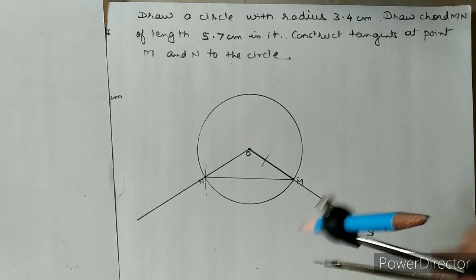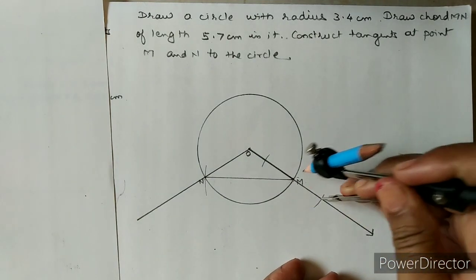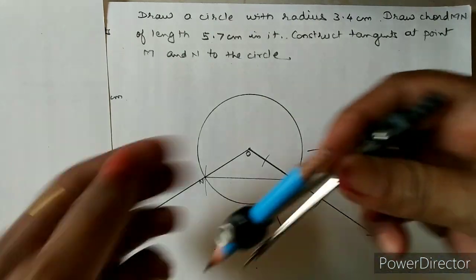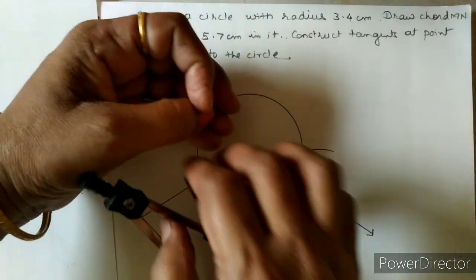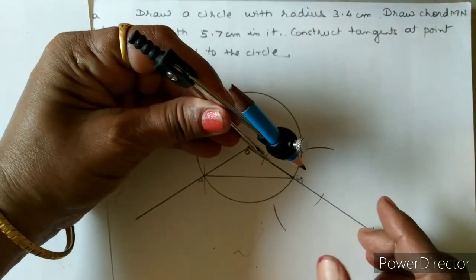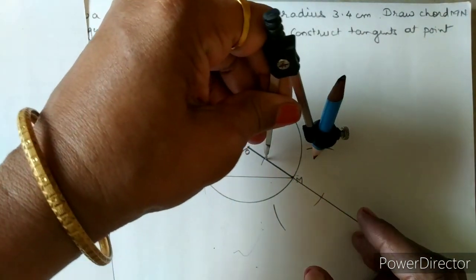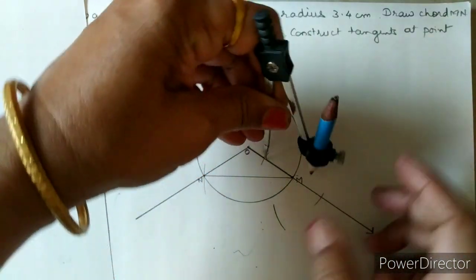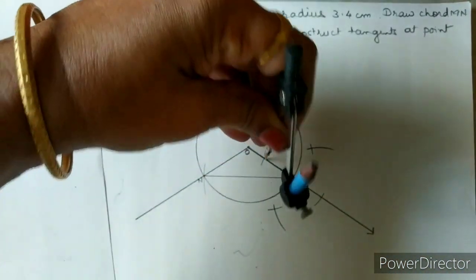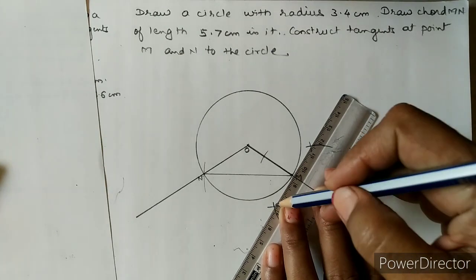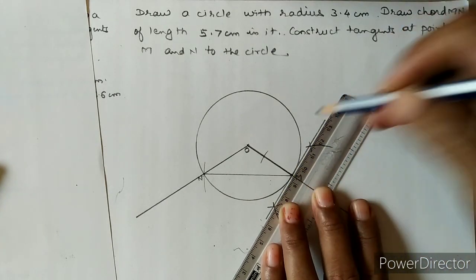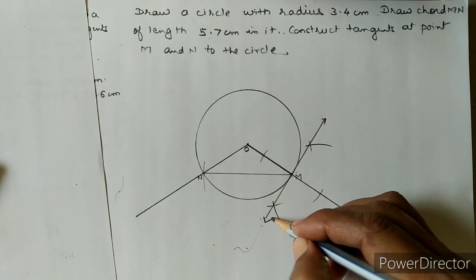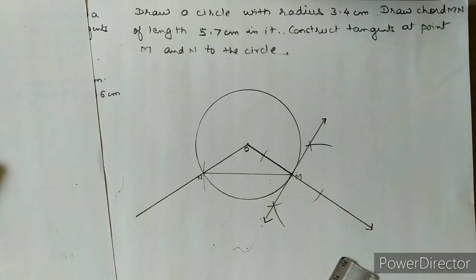Then take more than half distance, draw two arcs without changing distance between the tips of compass. Place steel tip here. Then draw two arcs. Then join this point of intersection. It will pass through point M. This is tangent at point M.